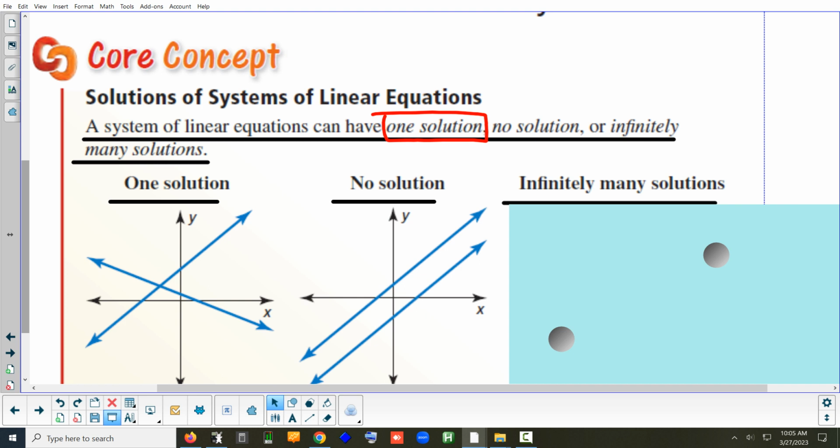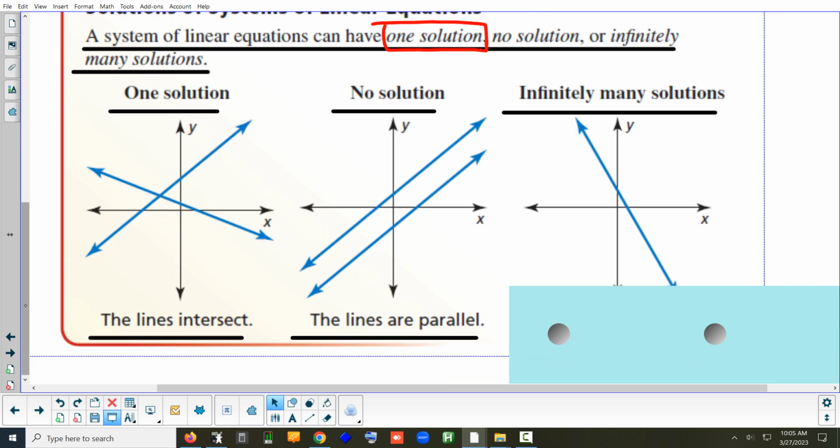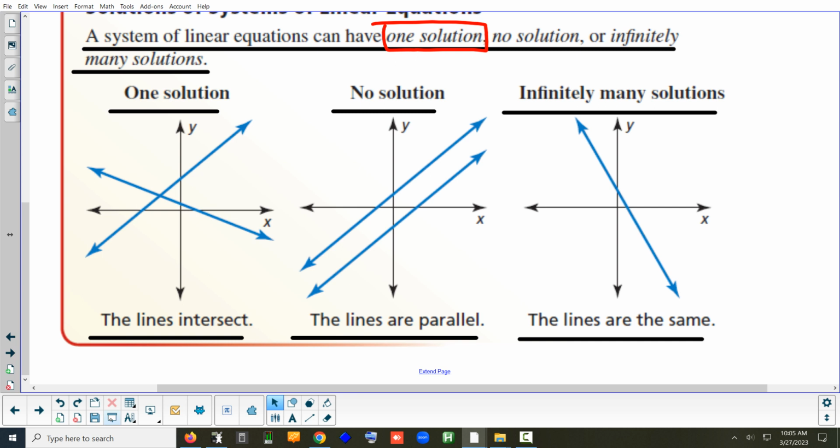If the two lines were exactly the same line and you drew them, where they cross is the solution, and if they cross at every single point because they're right on top of each other, that would be infinitely many solutions. So that's what infinitely many looks like as a graph. But again, the question is, what happens if you're using substitution? How do you know if you're going to get one of these special cases? And that's what we'll look at.